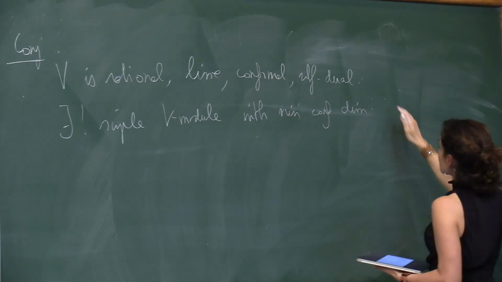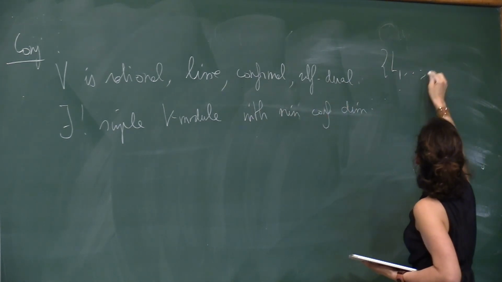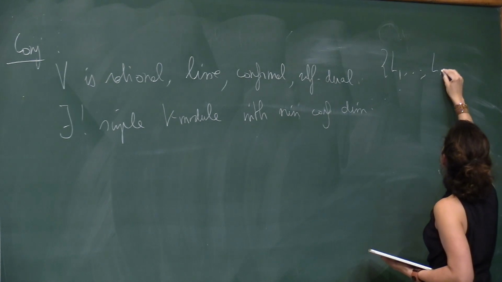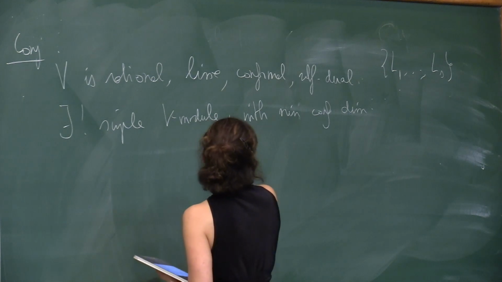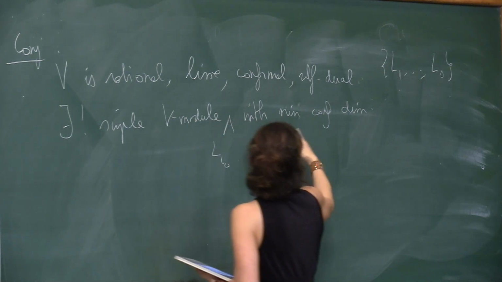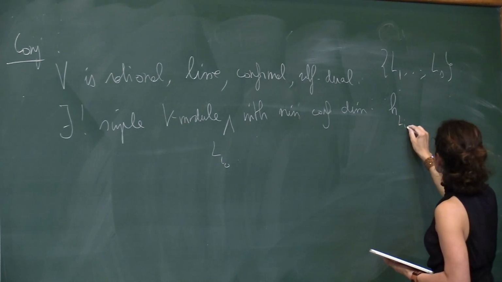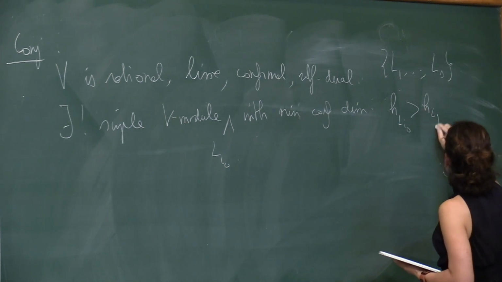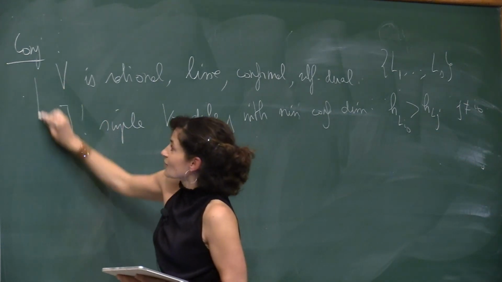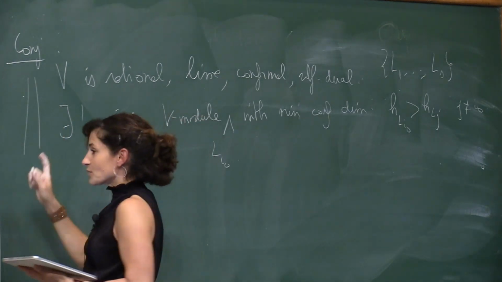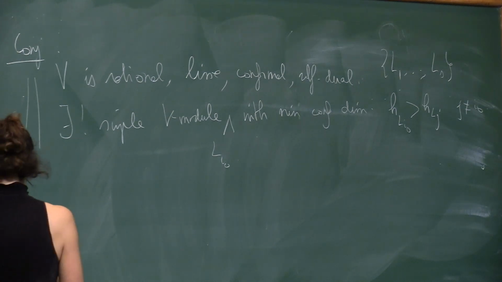So if I want to be more precise, let's say that this is the set of simple V-modules, and so there exists a unique simple V-module, let's say M_0, with minimal conformal dimension. So this means that this one is strictly smaller than the other ones. Okay, so our result proves this statement for W-algebras.